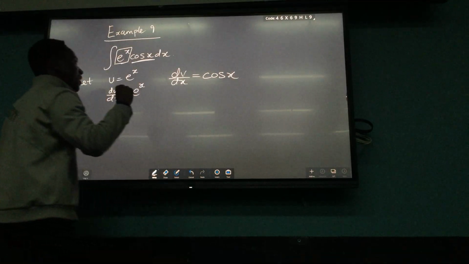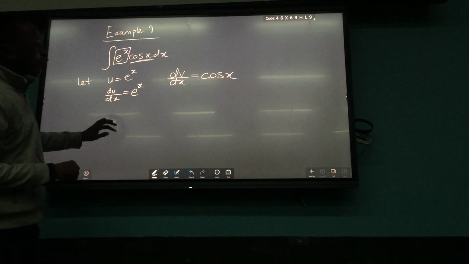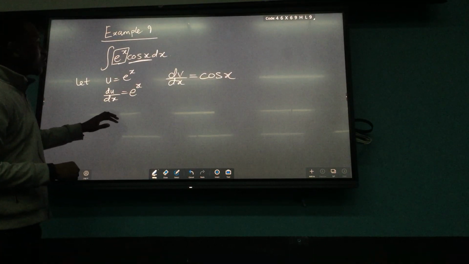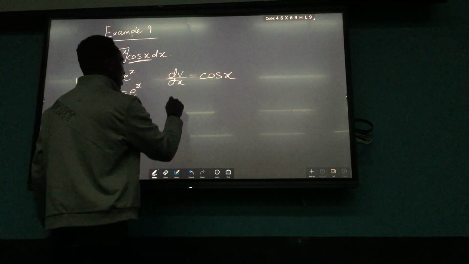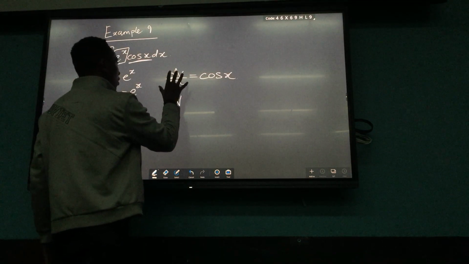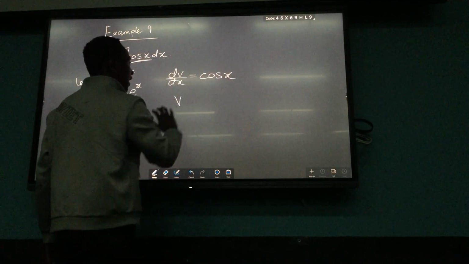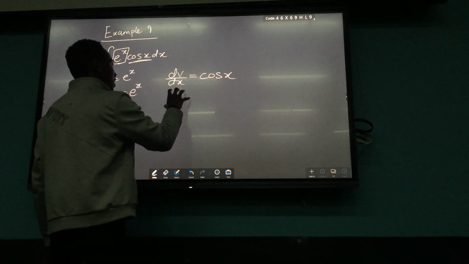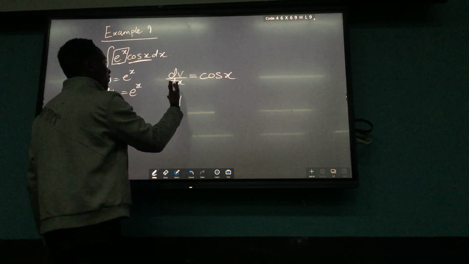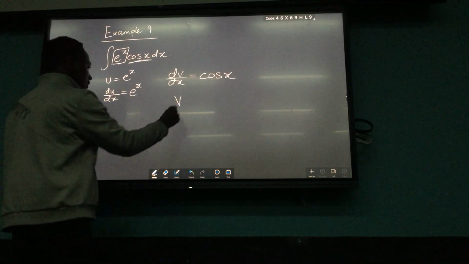v is going to be the antiderivative of this derivative. We have the derivative, cosine of x, and we need to integrate it to get the original function v. So finding the antiderivative of this derivative gives us v.